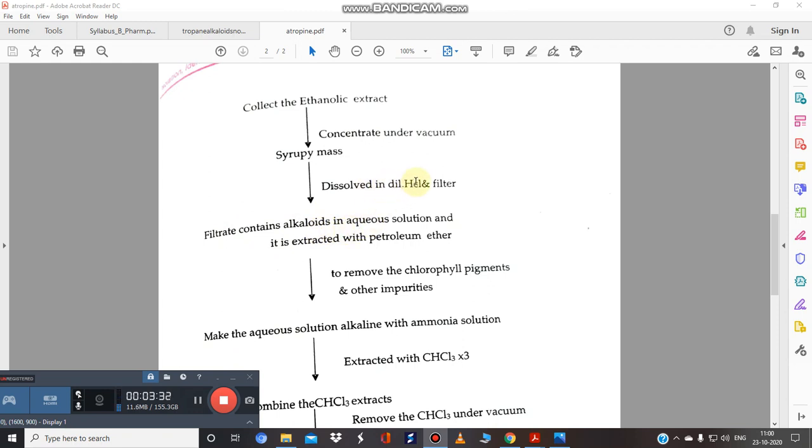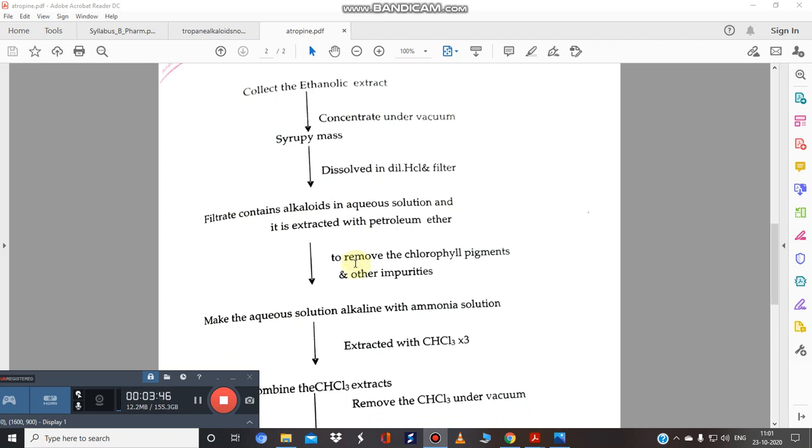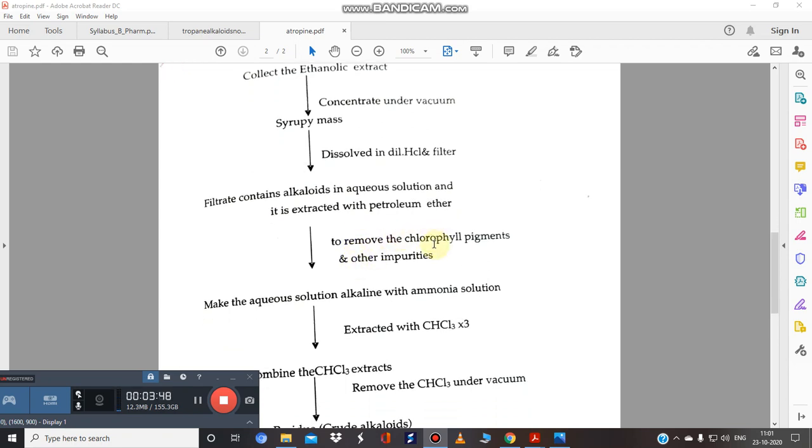Because we prepare dilute HCl in water, a solution of a particular strength, and in that case we obtain our alkaloids. Now the next step is to remove other pigments present in the plant. How is it possible? We treat it with an organic solvent like pet ether.